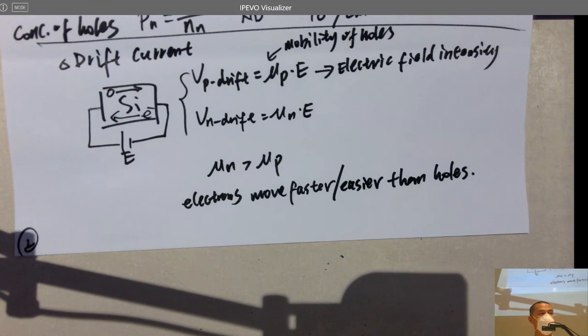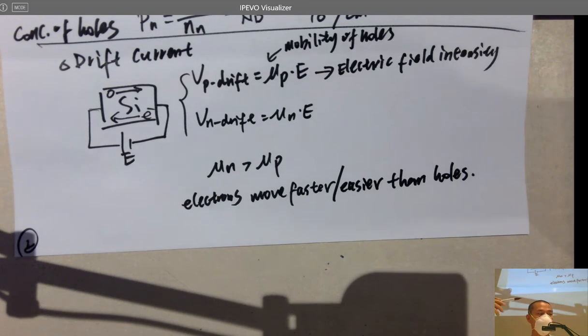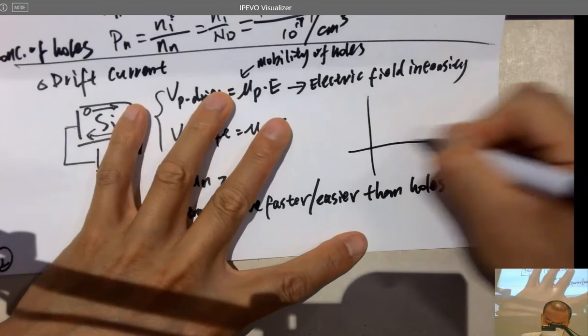Remember I did the inverter simulation last time? If I use the same size for the PMOS and NMOS, then the switching point will be less than 2.5 or larger than 2.5. Which is stronger? NMOS is stronger, right? So if NMOS is stronger, the switching point will be less than 2.5. Think about that.